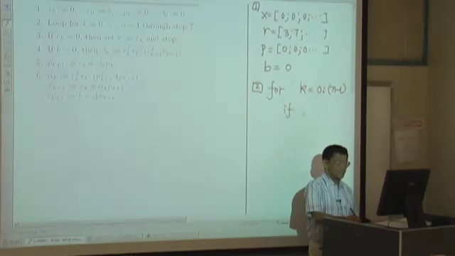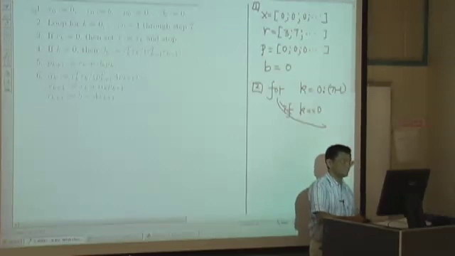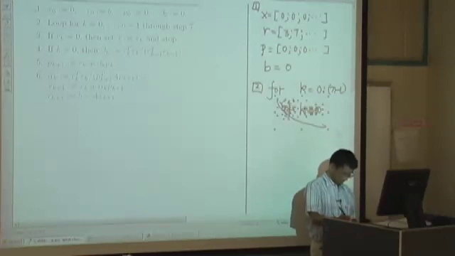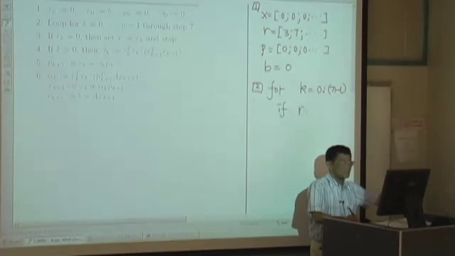If k is 0, then first of all, I didn't do the third line, so I will do the third line first and then do this line. The third line is this one. If R, k is not necessary, right? R is a 0 vector.